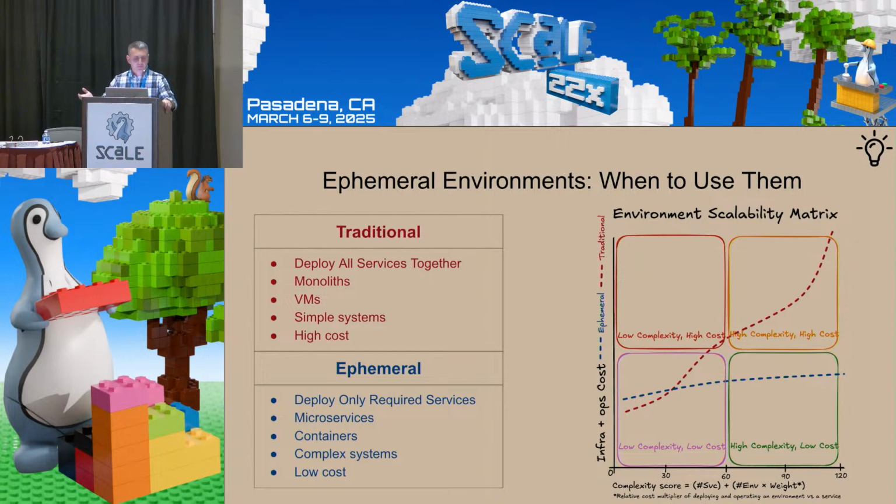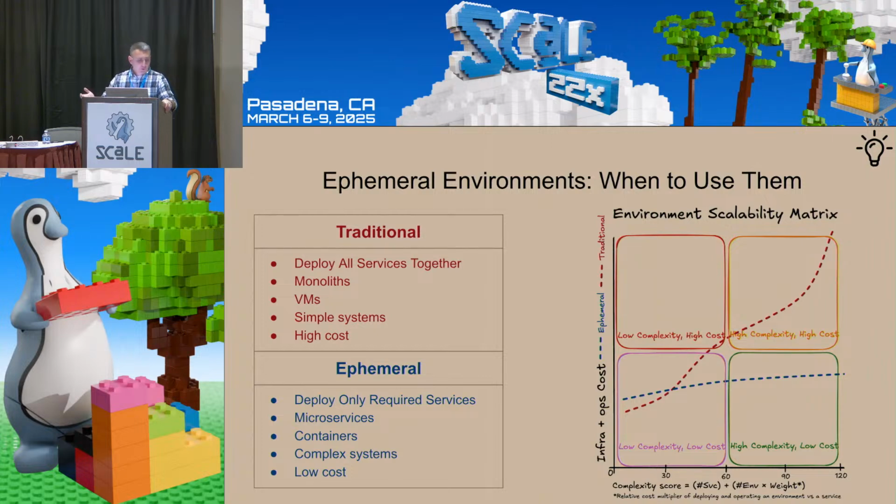So if you have a small number of services and a small number of development teams, maybe traditional environments, the static staging, dev, QA might be a better solution. Or if you are dealing with monoliths, that's another case where maybe a static environment is the better option. Or you're on VMs, like all of our ephemeral environments are in a containerized Kubernetes environment.